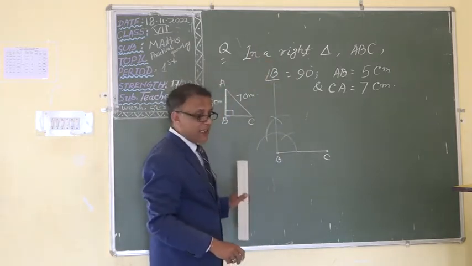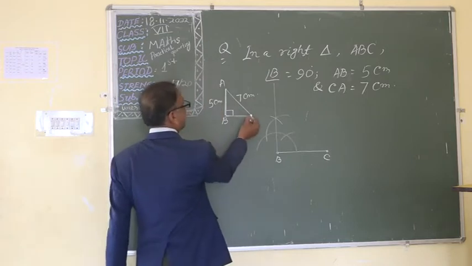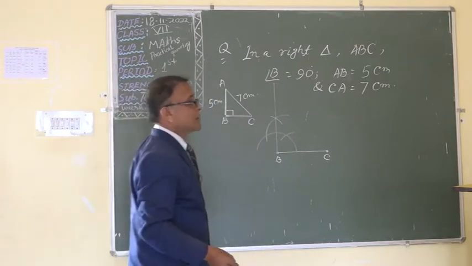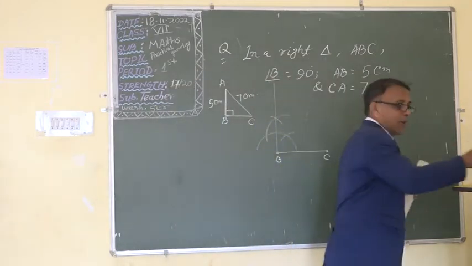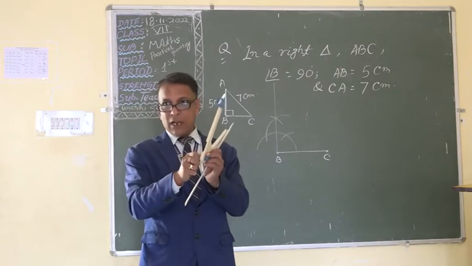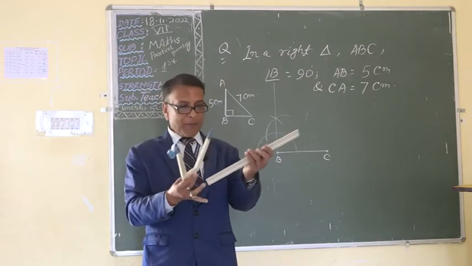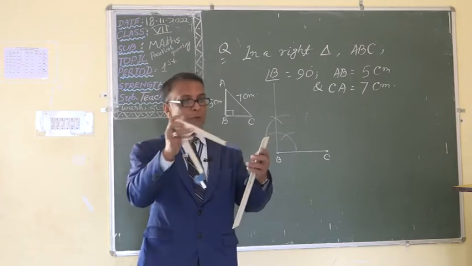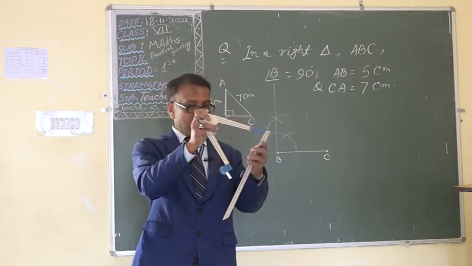Now, what is given? CA how much? So, using your round compass, from your scale, you measure 7 centimeter.